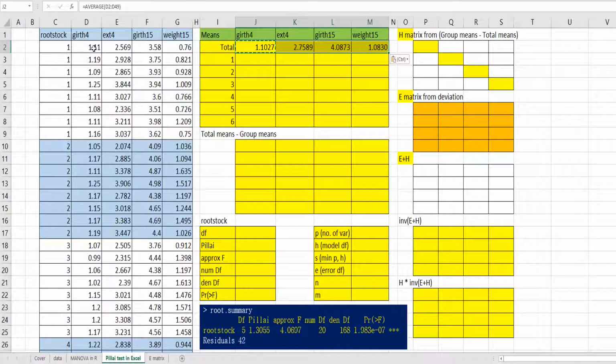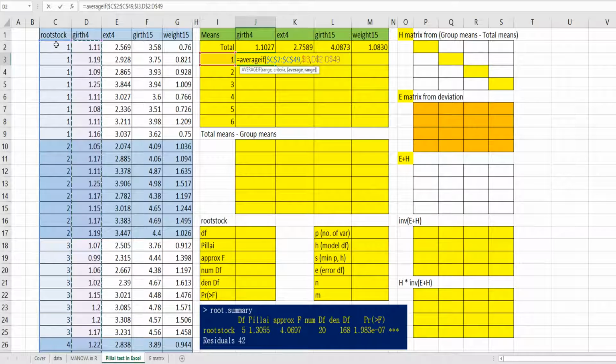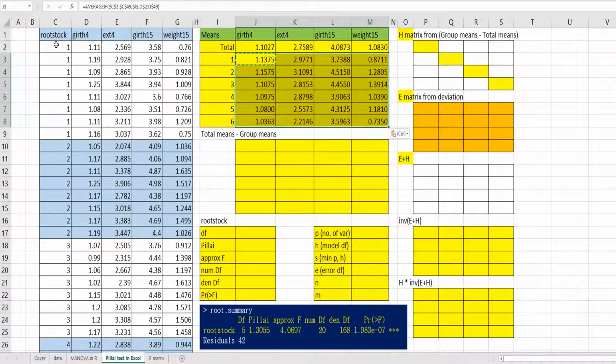We can apply this formula for other variables, and for group means we can use the AVERAGEIF function, with range from column C, press F4, comma, and criteria is 1, fixed column, comma, and average range from column D, fixed row. Okay, then we can apply this formula for other cells.